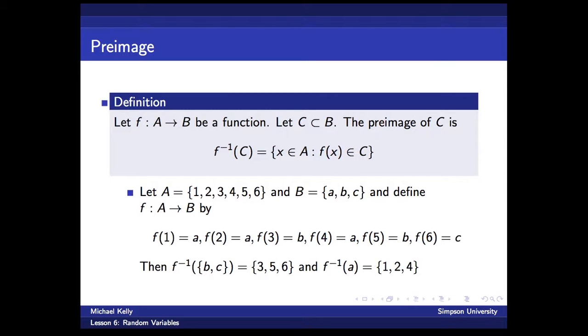So the preimage of {b, c} is {3, 5, 6}, because 3, 5, and 6 are the elements where f of 3 equals b, f of 5 equals b, and f of 6 equals c. The preimage of {a} is {1, 2, 4}, so we say f inverse of {a} equals {1, 2, 4}, since 1, 2, and 4 are the elements that map to a.